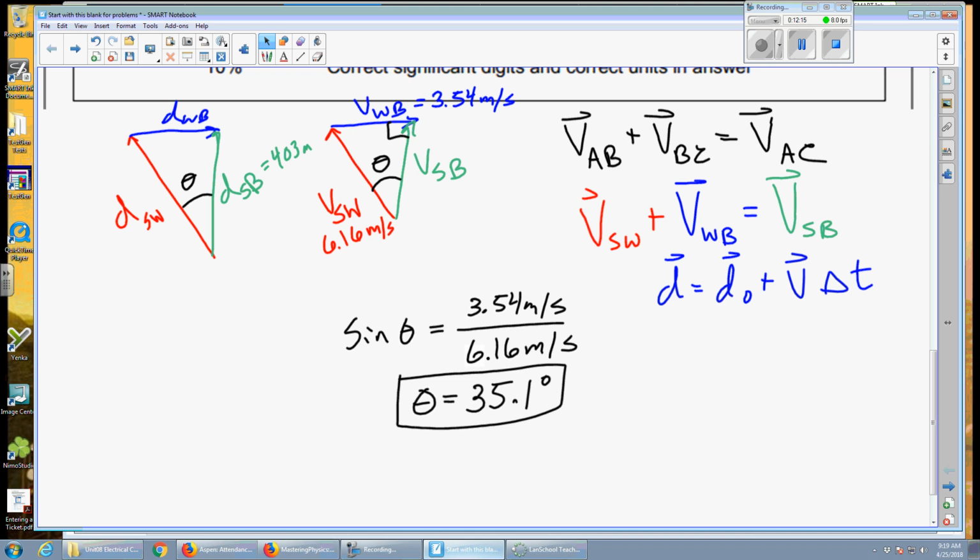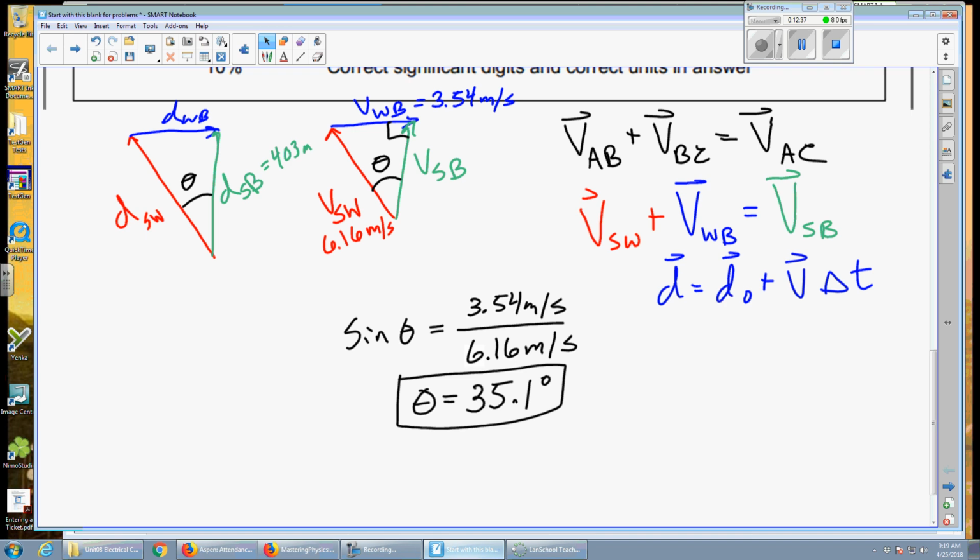Actually, I would have to use cosine to find the red displacement. Okay. Because I know two angles and a side, not two sides. But once you figured out the second side, you could figure out the third. Right, right. Yeah. Because remember, triangles have 6 things. As soon as I know 3 of them, I can find the other 3. As long as one thing is an angle and one thing's a side.